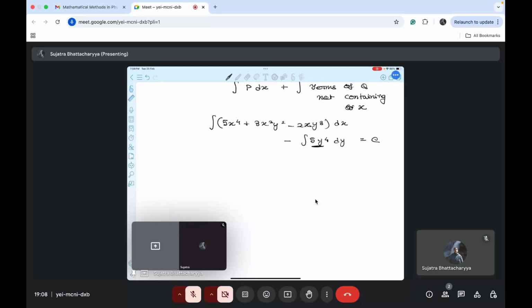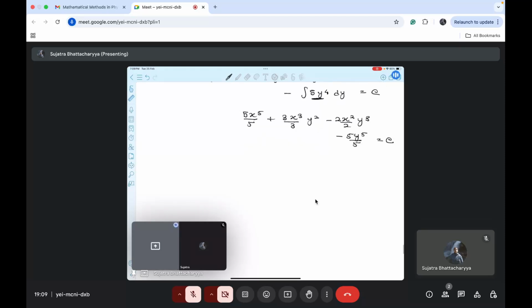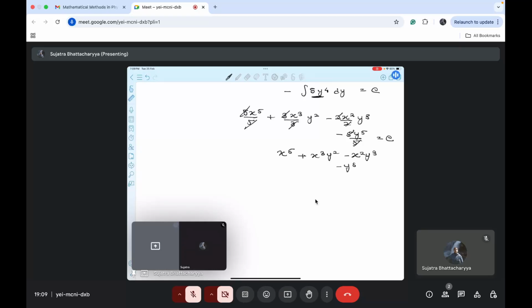Finally, if you solve, it becomes 5x to the power 5 by 5 plus 3x cubed by 3 y square minus 2x square by 2 y cube, and this will be minus 5y5 by 5 is equal to c. So all these constants will cancel, and finally you will be left with x to the power 5 plus x cube y square minus x square y cube minus y to the power 5 is equal to c.